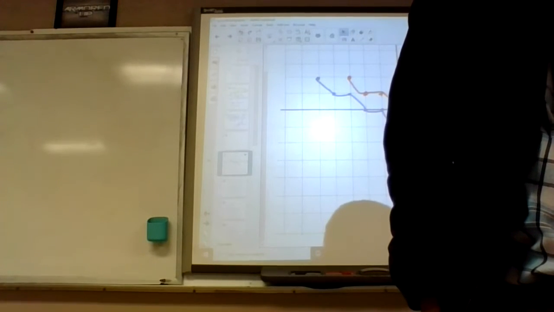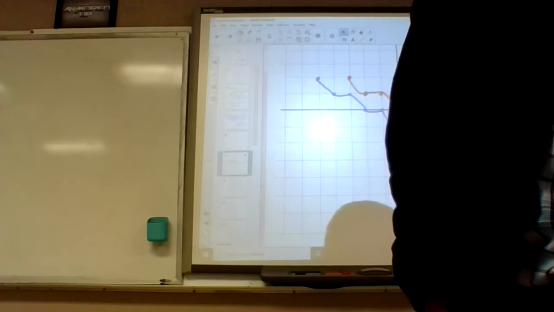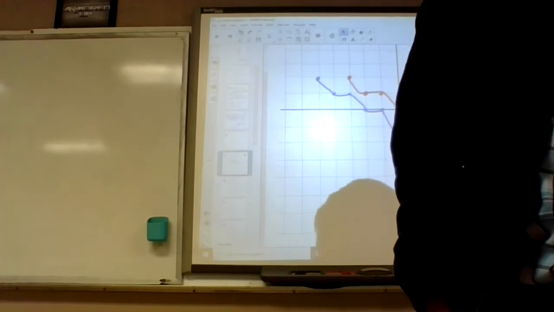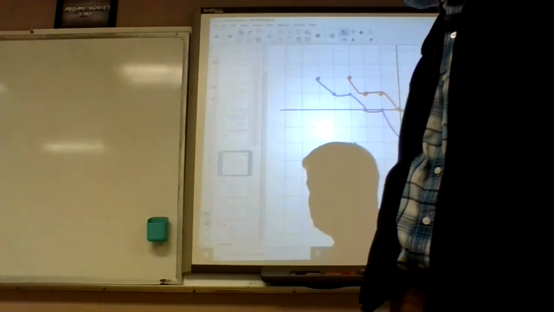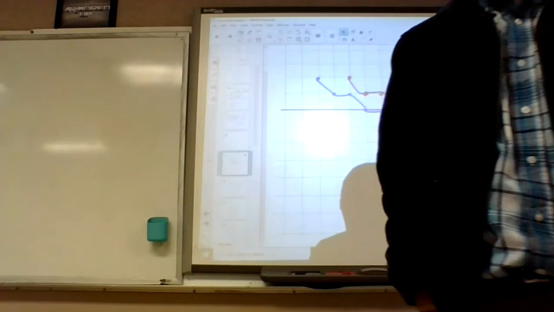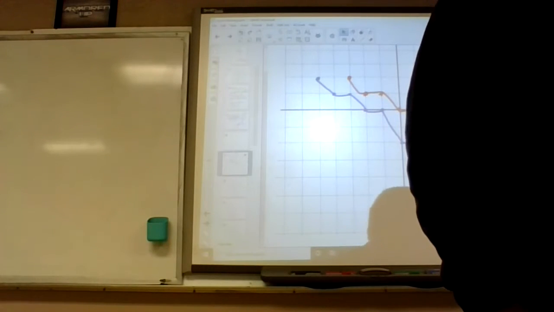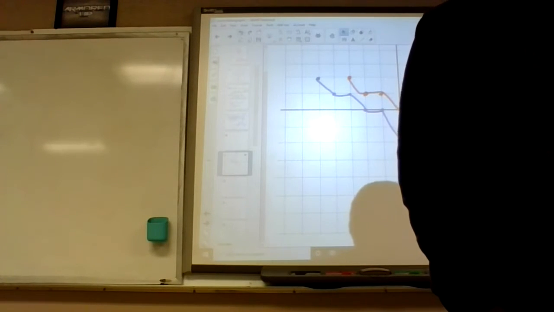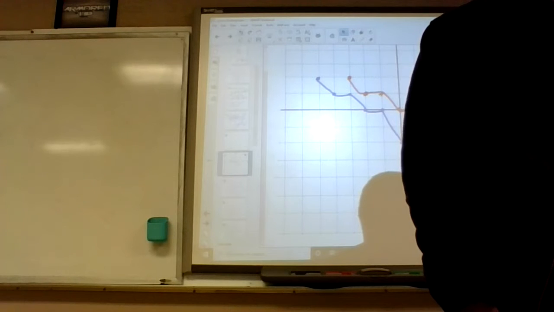Alright, that was number 7, the graph of a periodic function. What is a periodic function? It repeats itself. Does the same thing over and over. Is shown at the right. See that picture there? What is the period of the function?